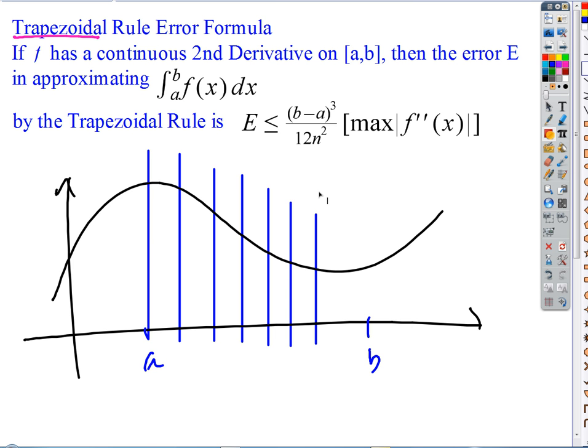Something like that, right? Then the rectangles don't fit super well, right? But if I turn those into trapezoids, all of a sudden they do fit pretty well. Right? I mean, that's not bad.